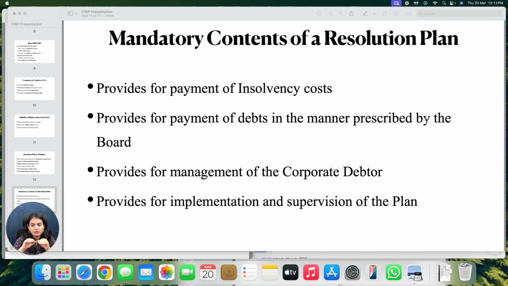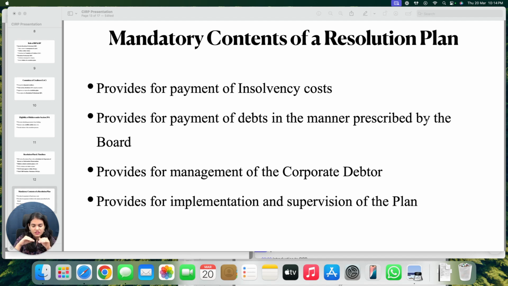And this will be done by an insolvency professional. It can either be the same insolvency professional who has been the IRP and RP, or just the RP, whoever has been in place so far, can also continue as the insolvency professional who's going to oversee and supervise the execution of the resolution plan.